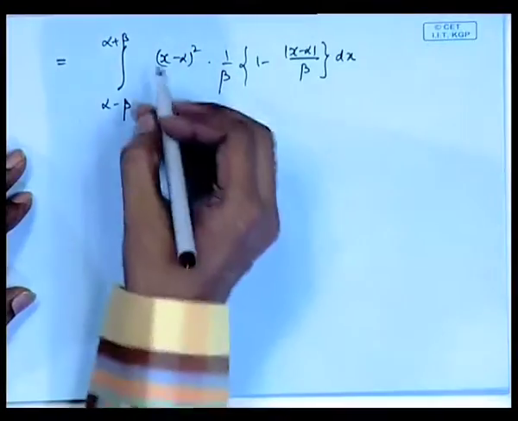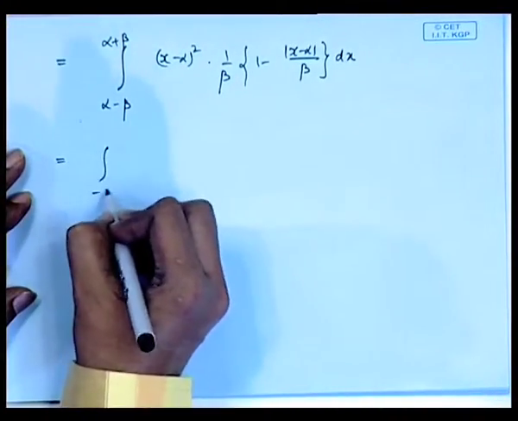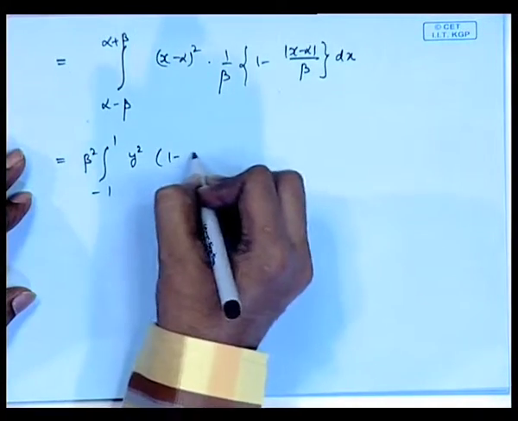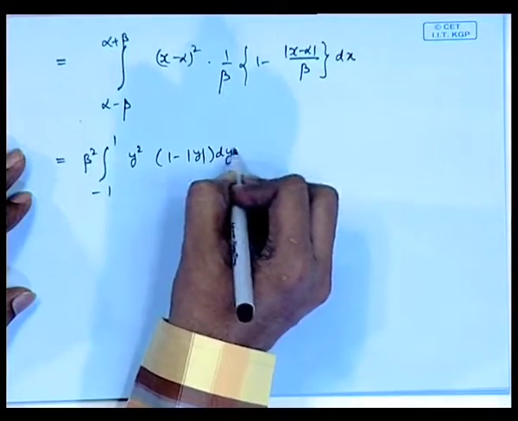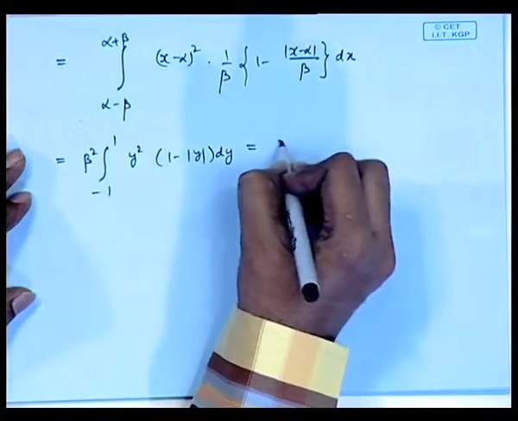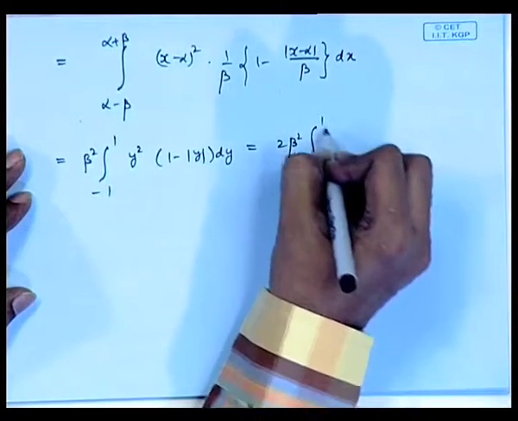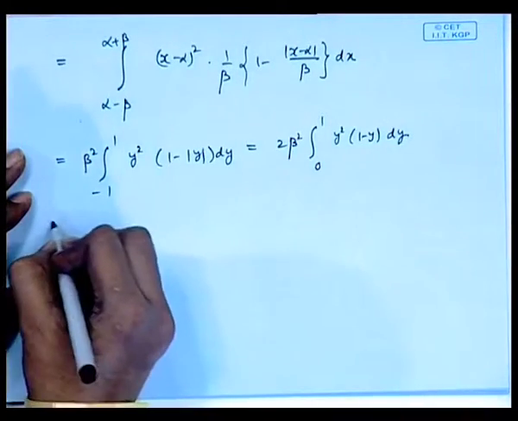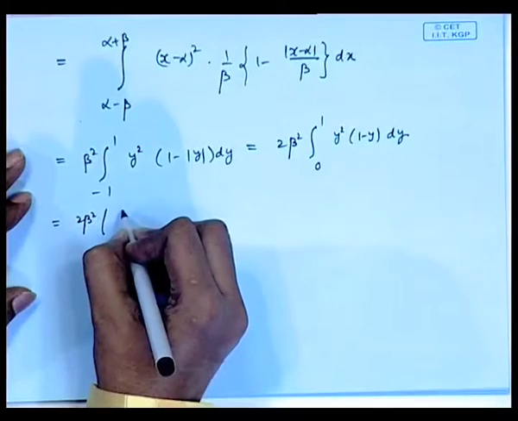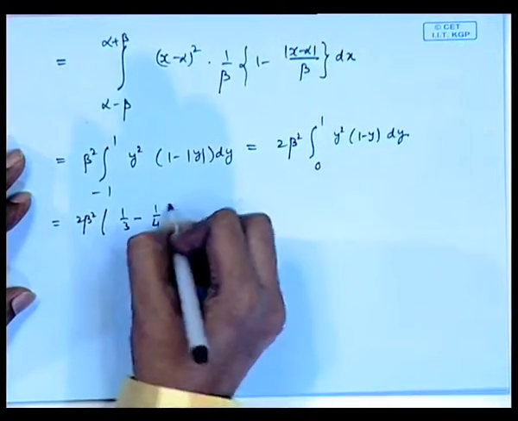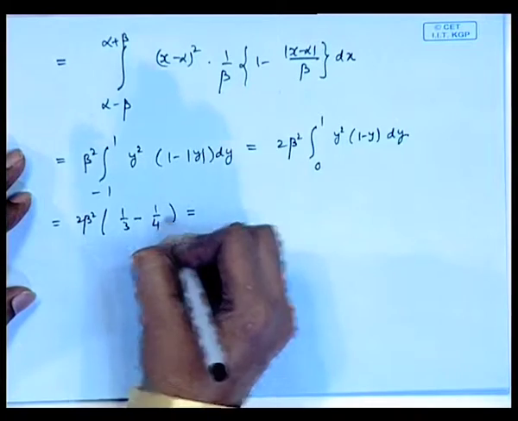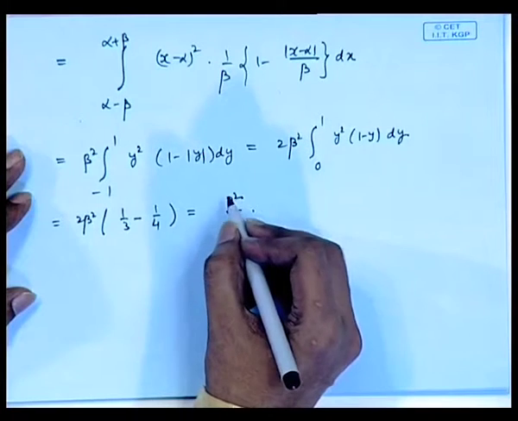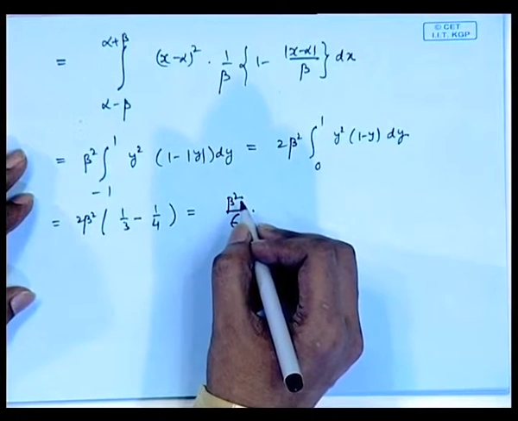After substitution, this turns out to be the integral from minus 1 to 1 of beta square y square into 1 minus modulus y dy. As this is an even function, this becomes 2 beta square times the integral 0 to 1 of y square into 1 minus y dy. So, this is equal to twice beta square times 1 by 3 minus 1 by 4, that is, after simplification, beta square by 6. So, the variance of this distribution is beta square by 6.